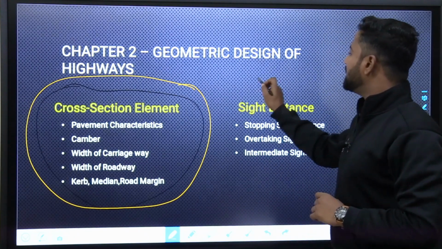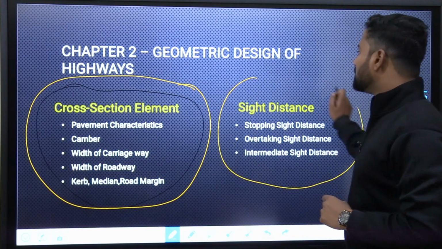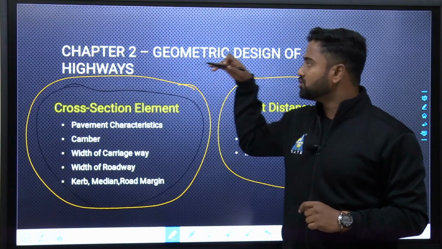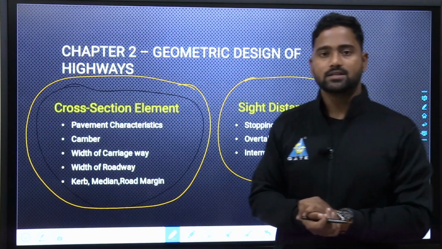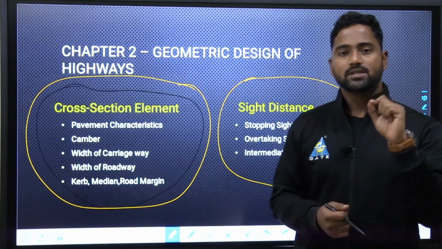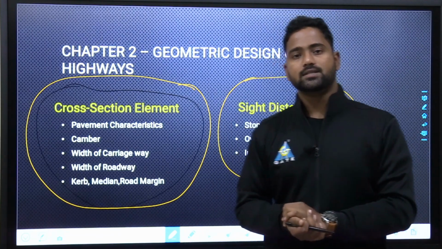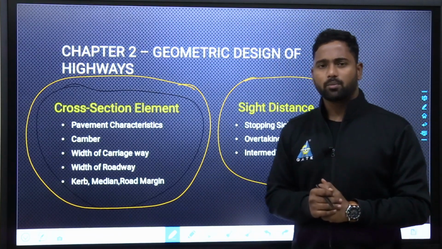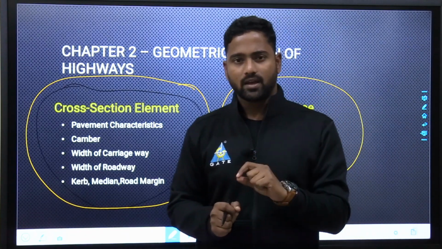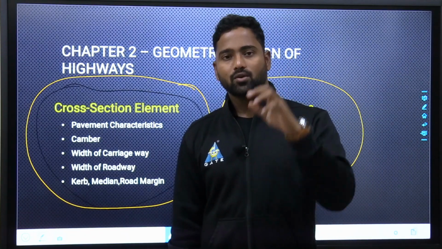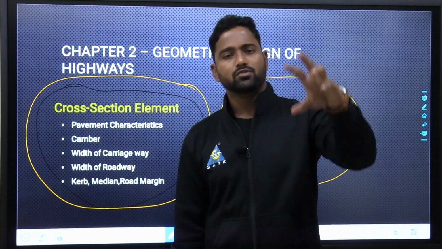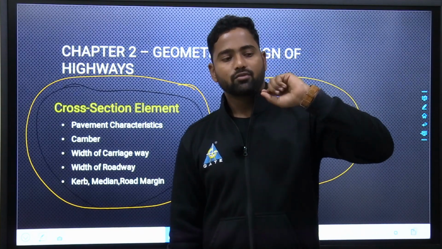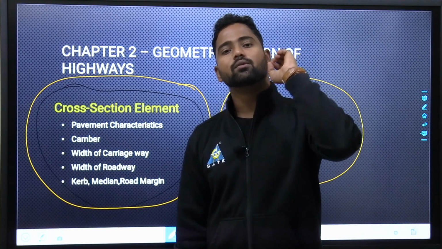Next one is sight distances. So this also comes under geometric design of highways only. Sight distances like stopping sight distance, overtaking sight distance, intermediate sight distance. Stopping sight distance means whenever you see a vehicle or an object, you feel that if you go with the same speed you will hit it and there will be accidents.